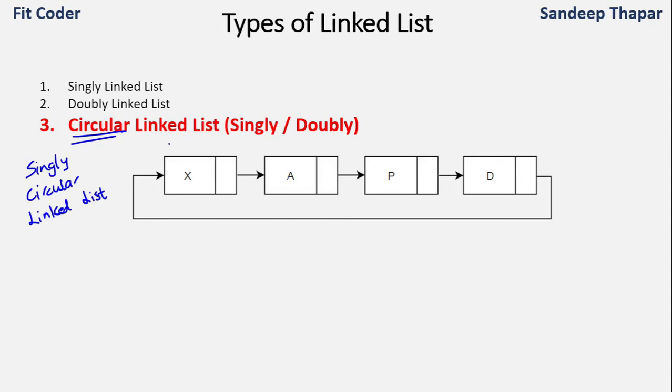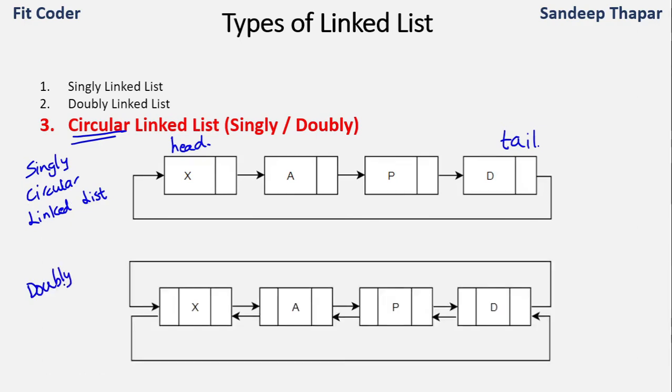So this is the head node and this is the tail node. The next pointer of the tail node is pointing to the head. So this is singly circular linked list. And then we have doubly circular linked list.